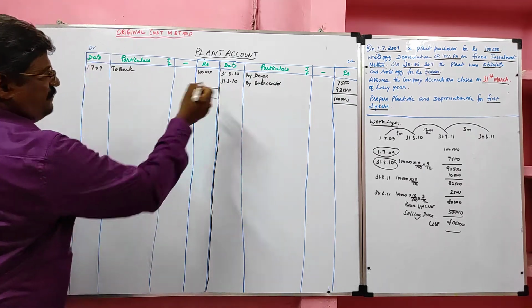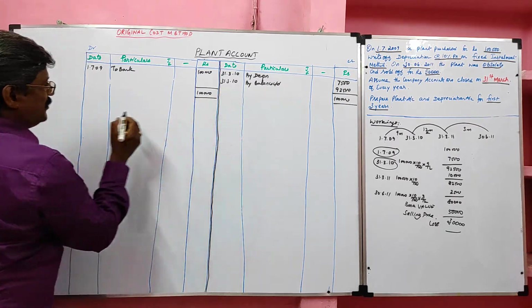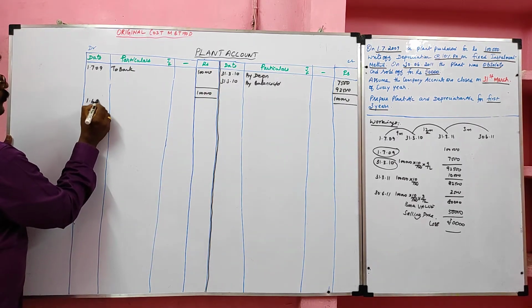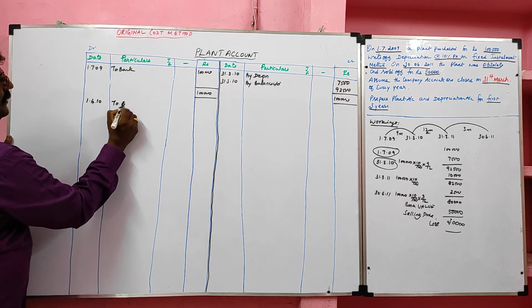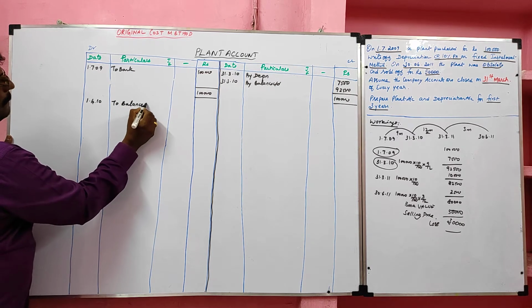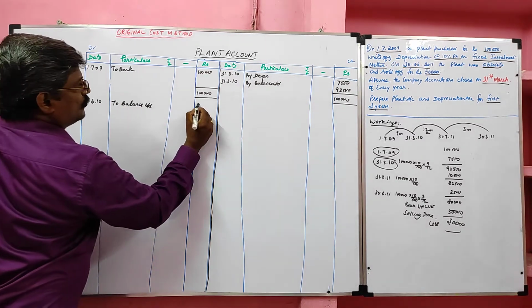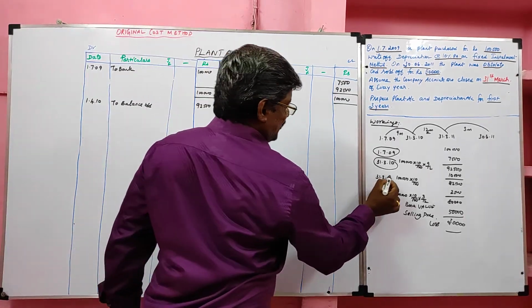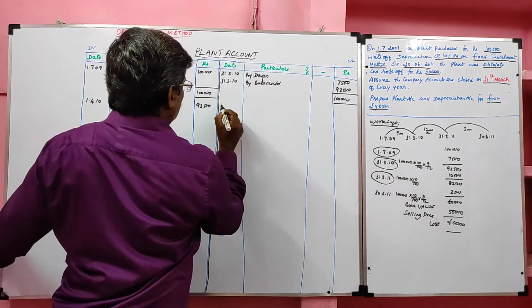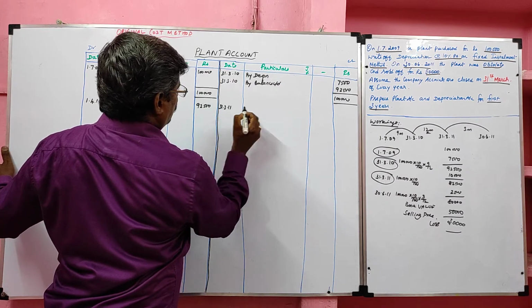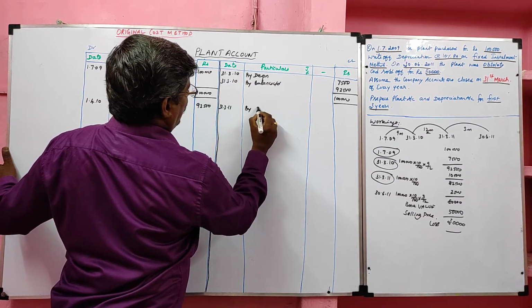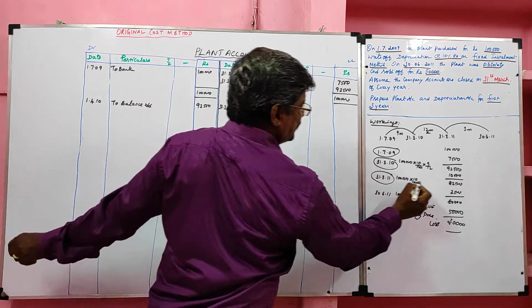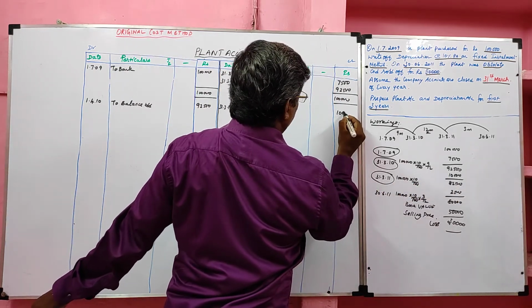The next date after 31/3/2010 is 1/4/2010, to balance b/d, value 92,500. The second year depreciation is on 31/3/2011, by depreciation. Second year depreciation value is 10,000.